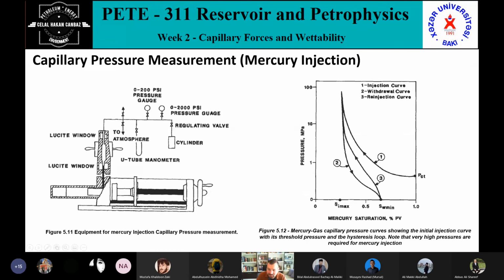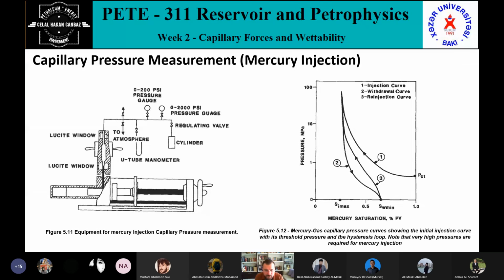Actually, this mercury injection has some disadvantages. First of all, once the mercury is injected into a core, the core cannot be used for any other measurement later on, because you cannot take the mercury out of the core sample. It cannot be safely removed, so you can use your core sample just once.